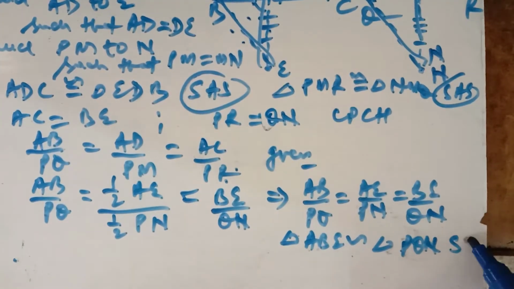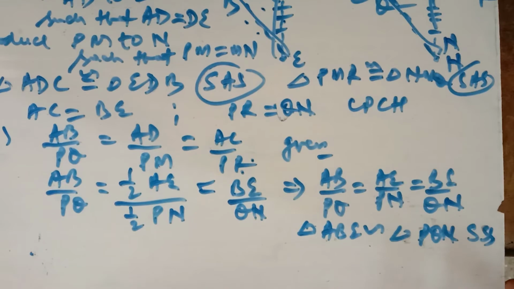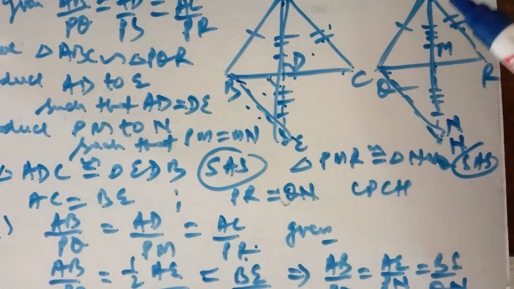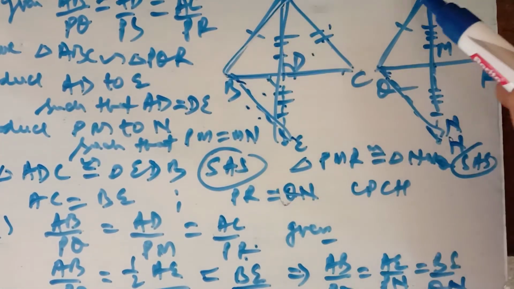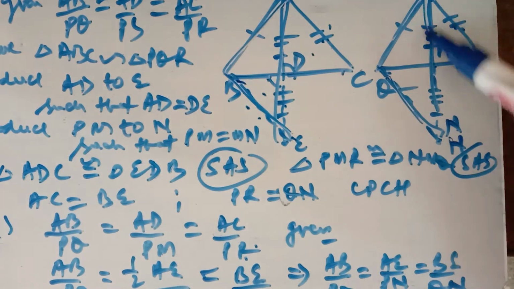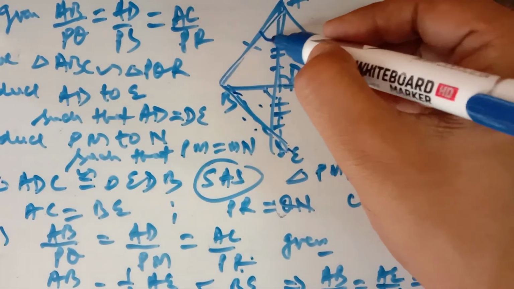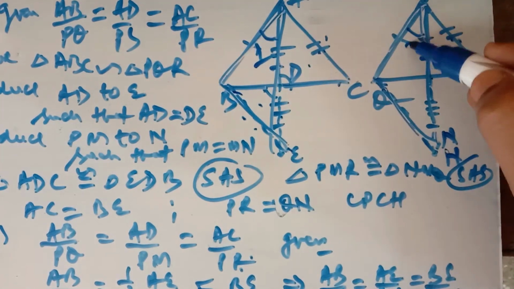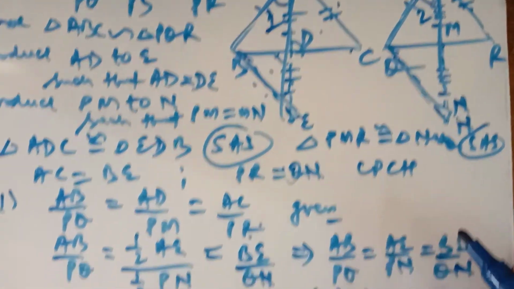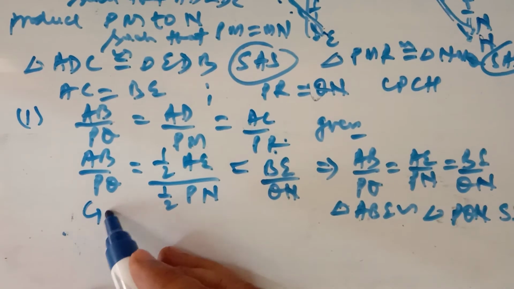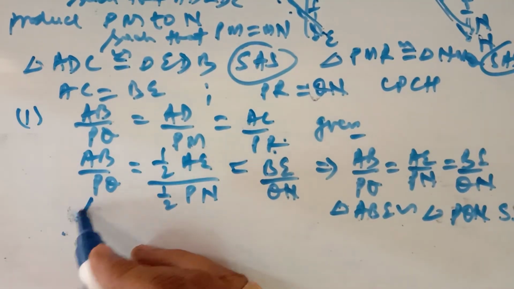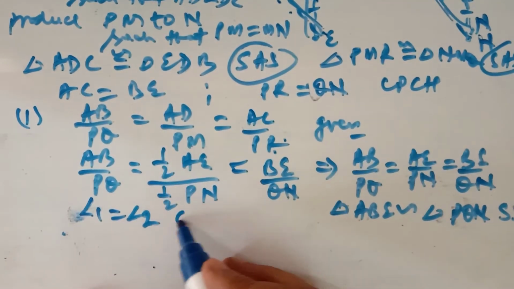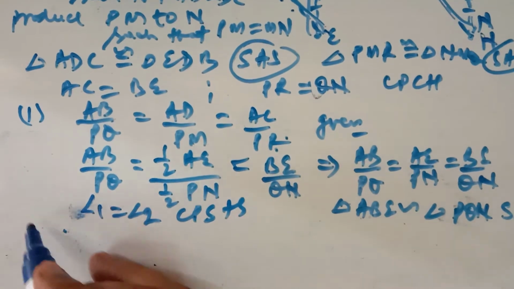So we can write that angle 1 is equal to angle 2, corresponding parts of similar triangles.